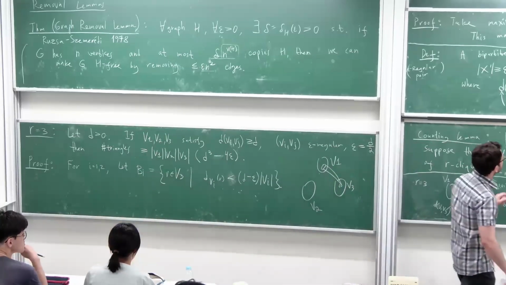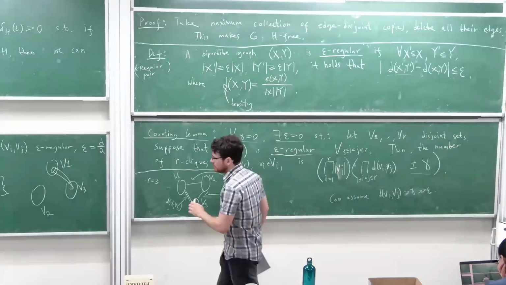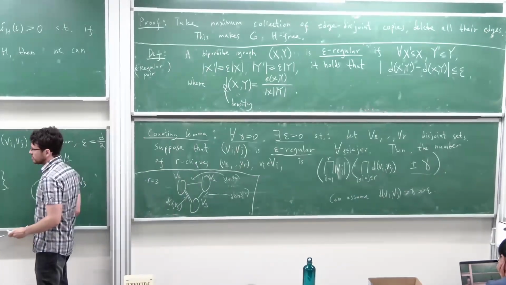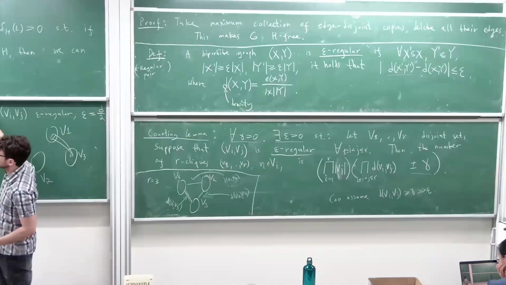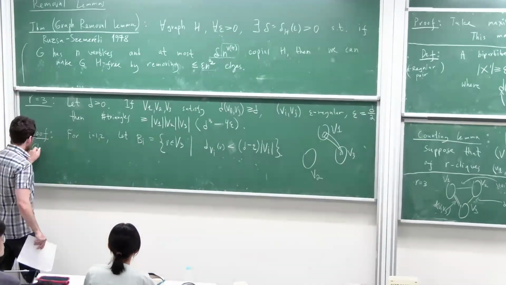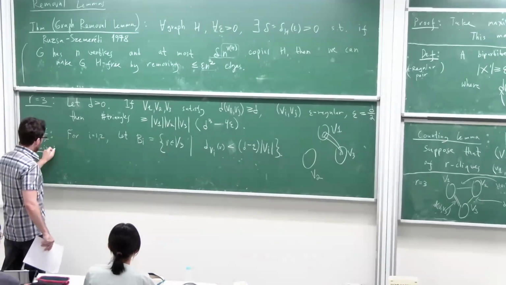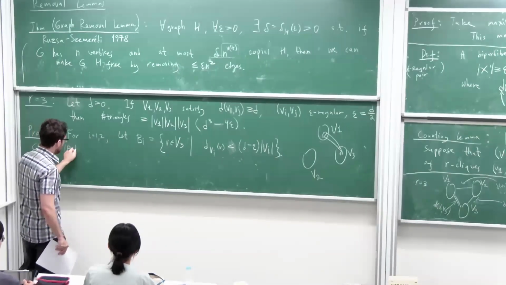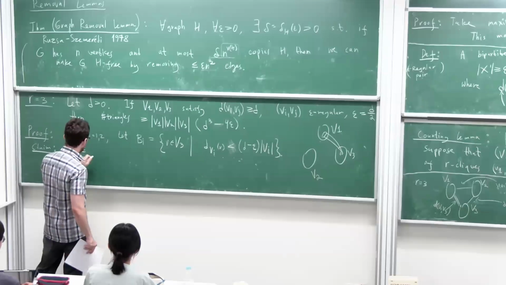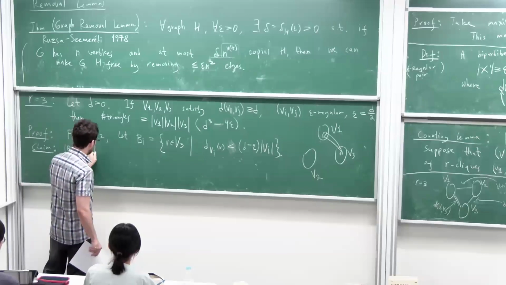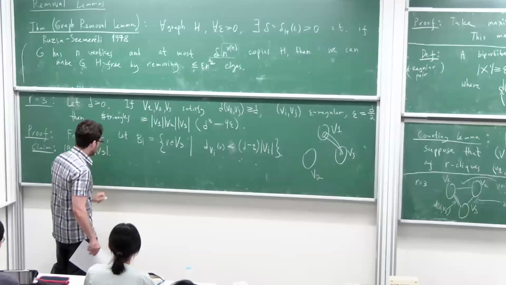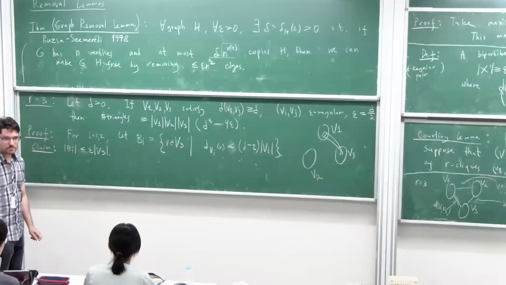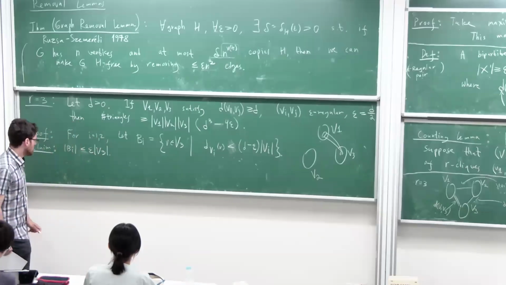So the first thing I want to show you is that this set B_i is actually small. So there are only very few vertices that don't behave how we want. Again, B_i is less than epsilon times V3. Okay, why is that true?